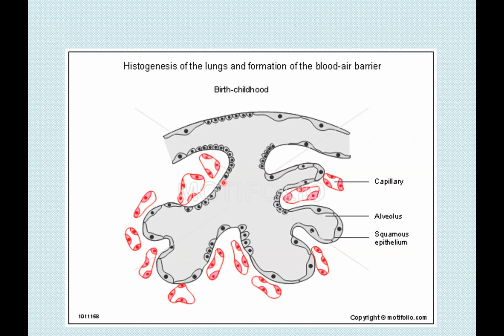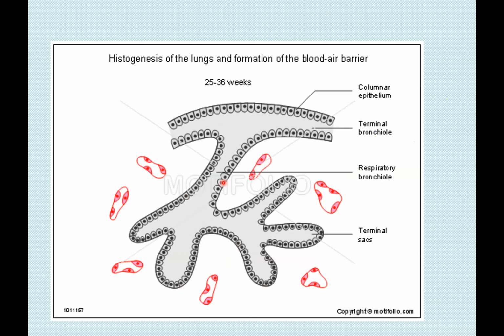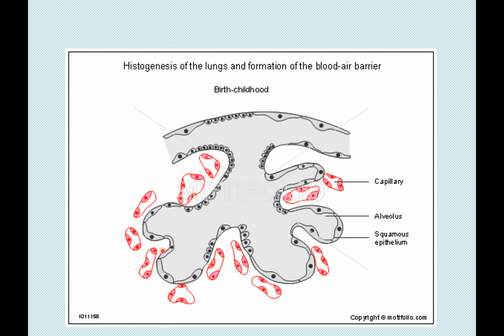Even before here, I was trying to explain how the simple cuboidal eventually changes into the simple squamous. It's the same thing that happens, okay? It's a whole lot. You don't study much of embryology. That's why I cut some of the things out, because if you want to do respiratory embryology, it will take us the whole semester. So for now, all we need to know is that these are the cells that are seen, these are the layers, and this is what we are expected to know.